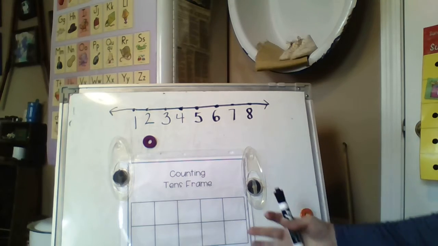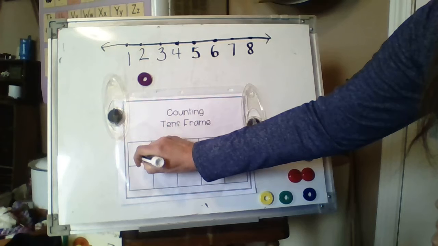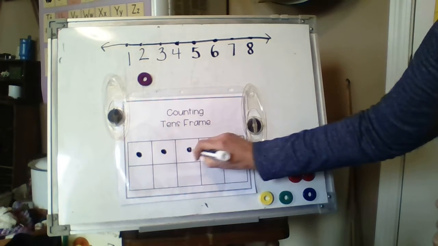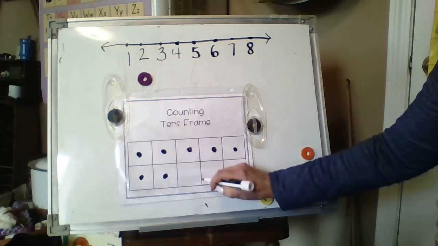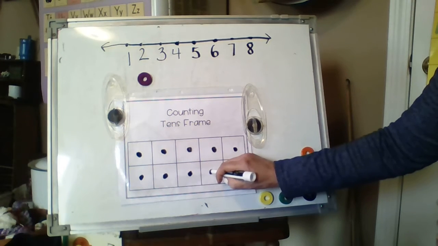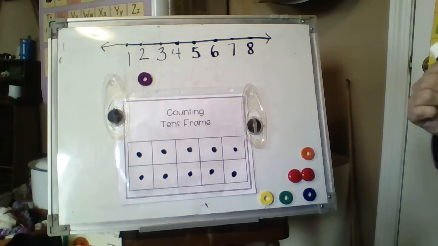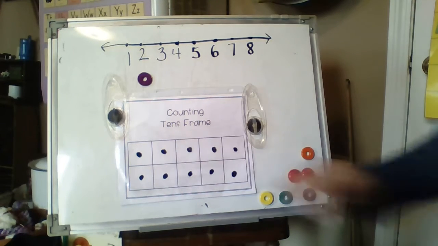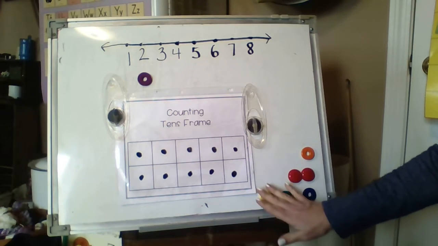So we've been talking a lot about 1 less. I'm going to fill up my 10 frame. How many dots are in my 10 frame right now? That's right, 10. There's 5 on the top, 5 on the bottom. What is 1 less than 10?